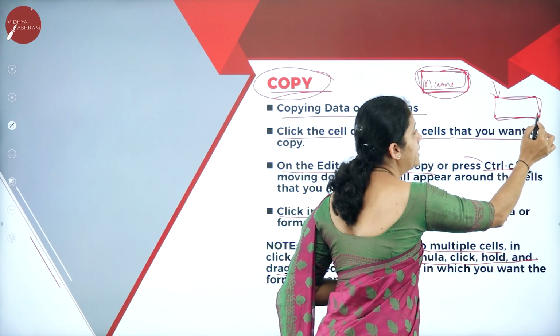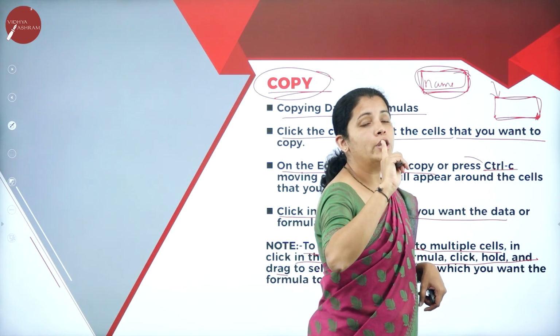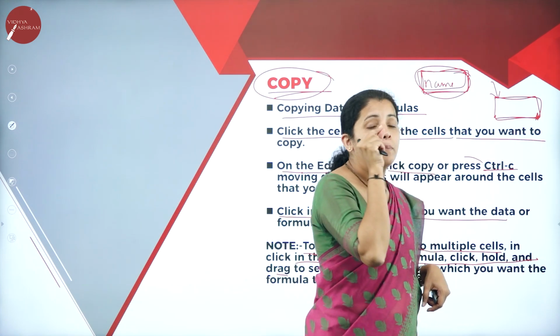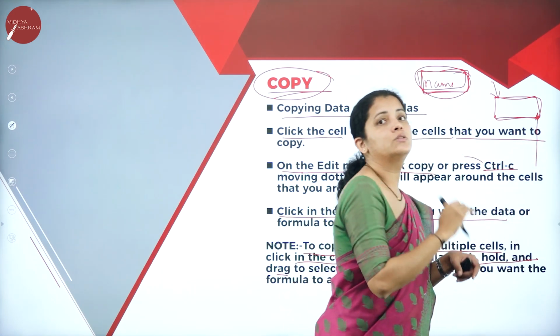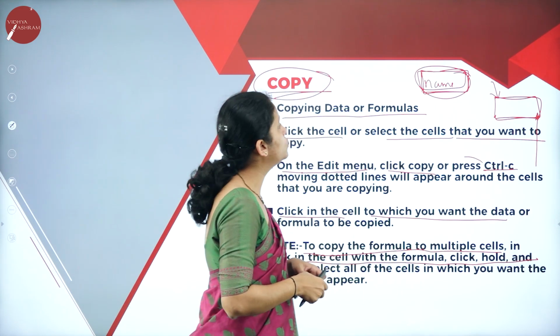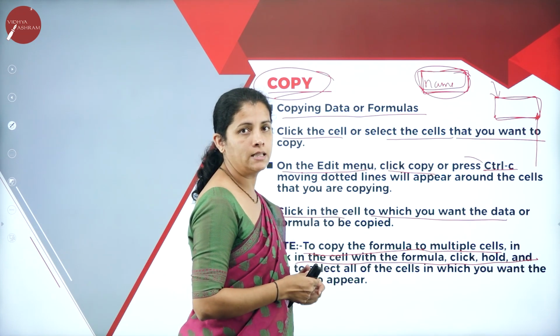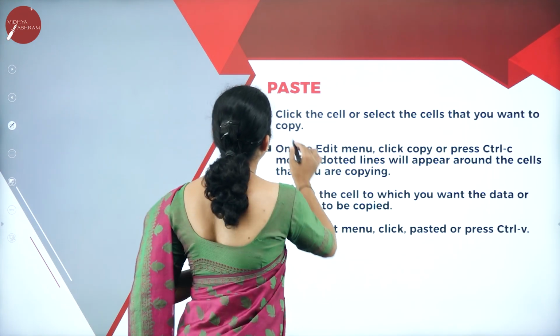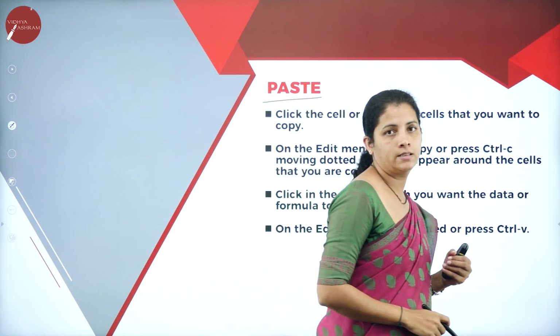Then the cursor changes into a plus symbol, and I'm going to drag. So this is the way you can copy the data to multiple cells.